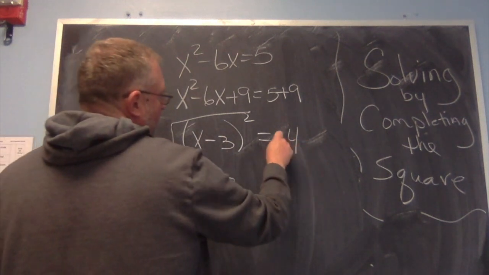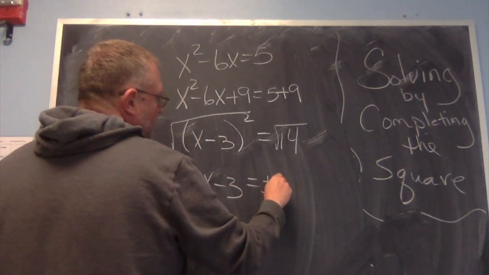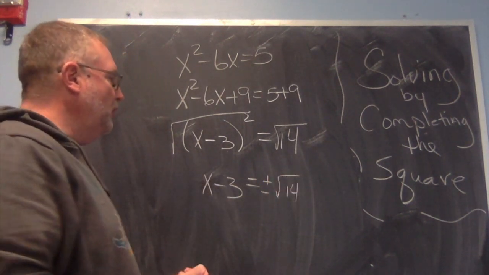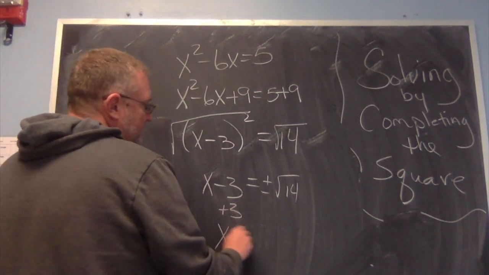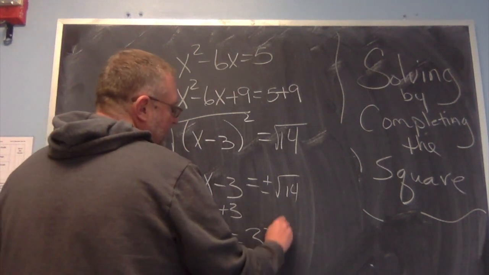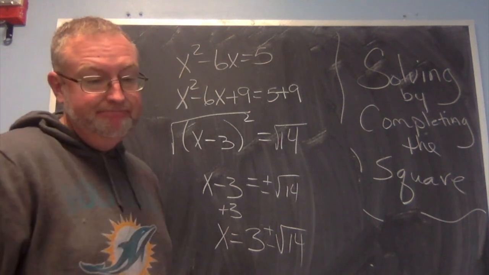But I got to find the square root of this, equals the positive negative square root of 14. So then I just have to add 3 to get rid of this. And so x equals 3, because I added 3 over here, positive negative square root of 14. All right? That's it.